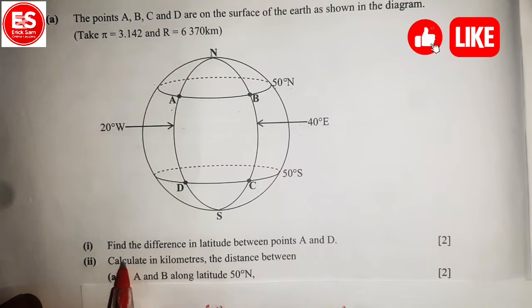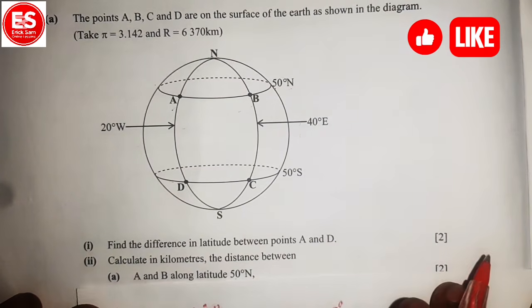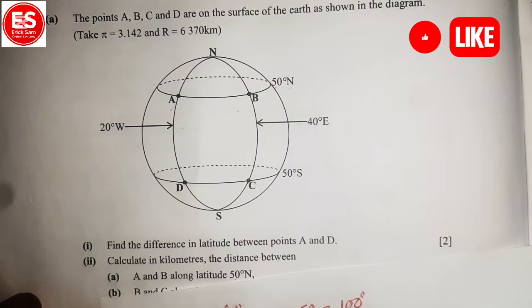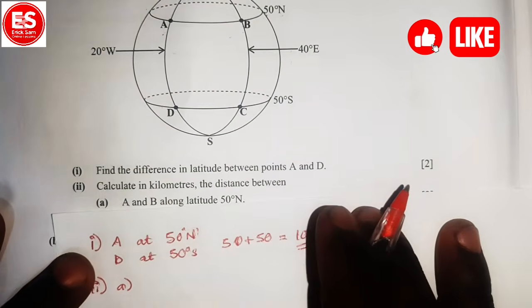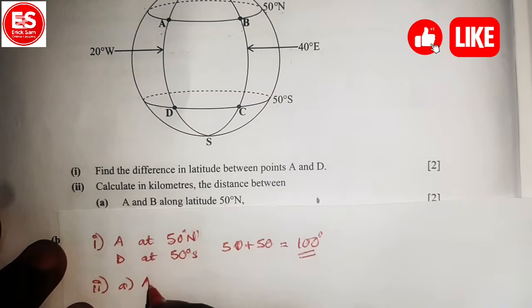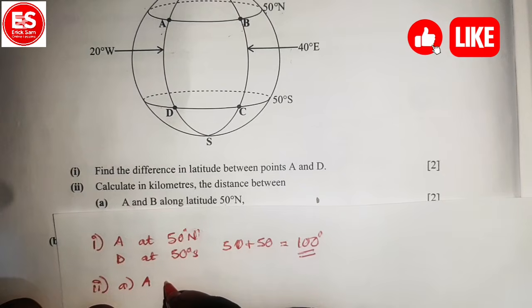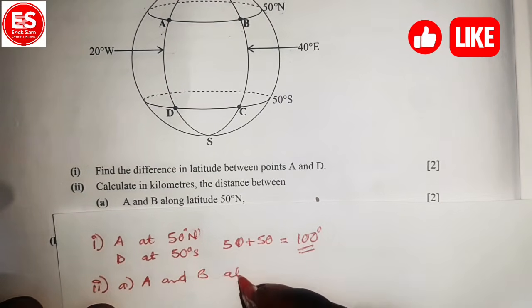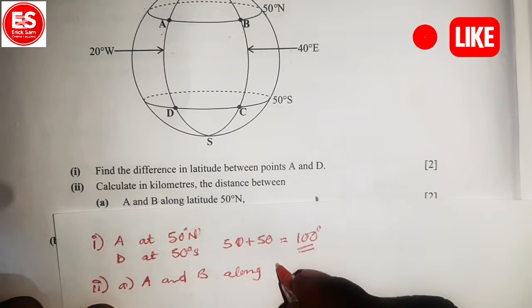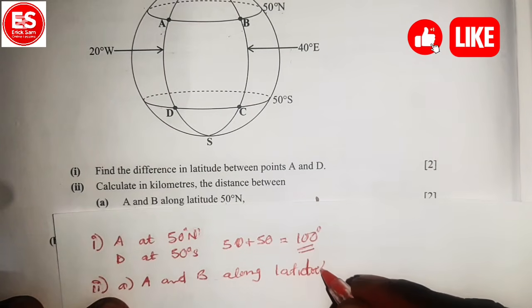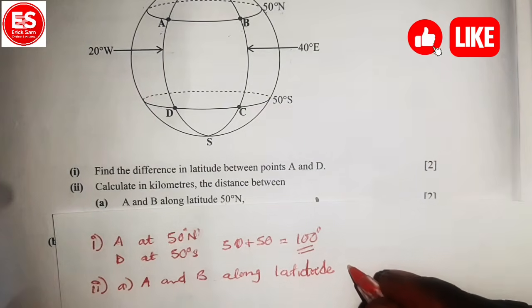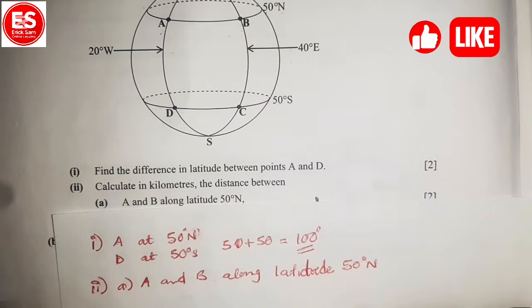The next question, 2A, says calculate in kilometers the distance between A and B along latitude 50 degrees north. So we want to find the distance.